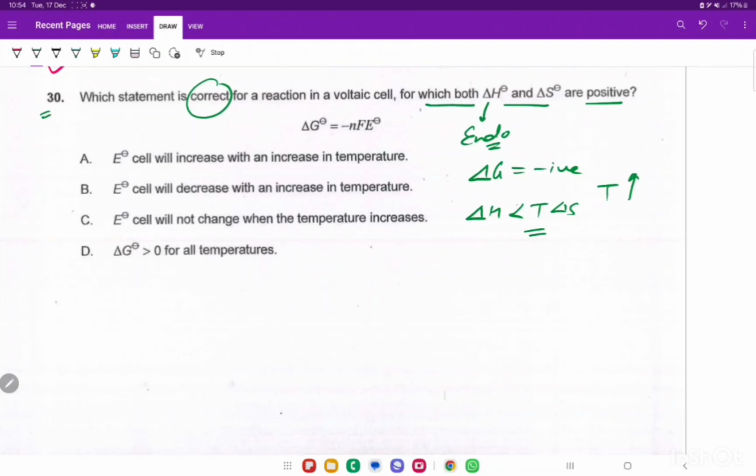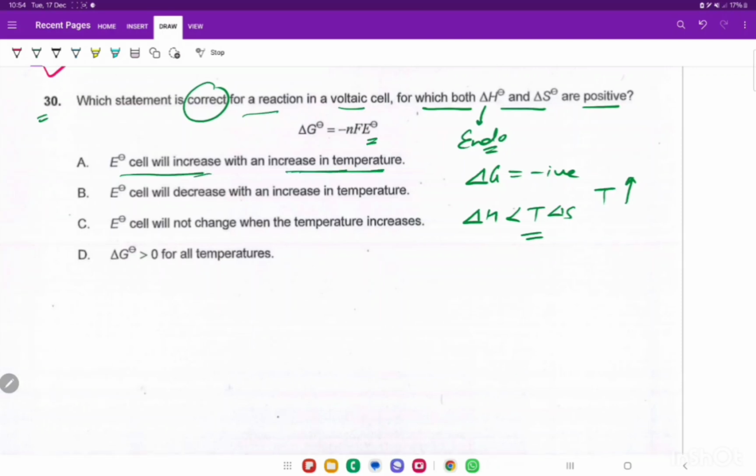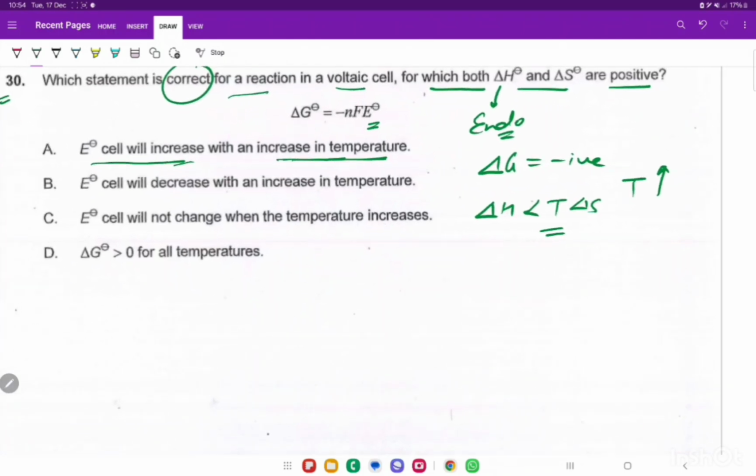For a spontaneous reaction, the value of E cell is positive. If I increase temperature, what will happen? Which statement is correct for the reaction in a voltaic cell? By increasing temperature, delta G will become more negative.